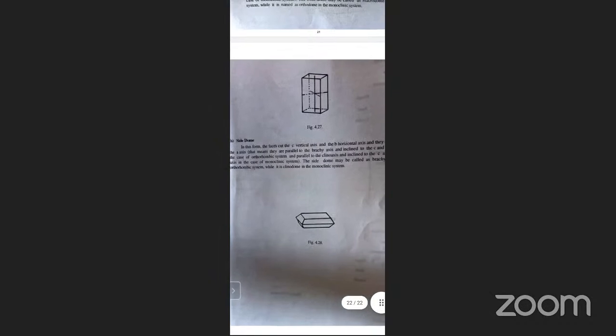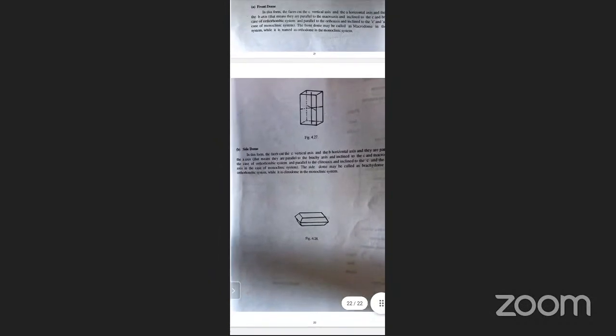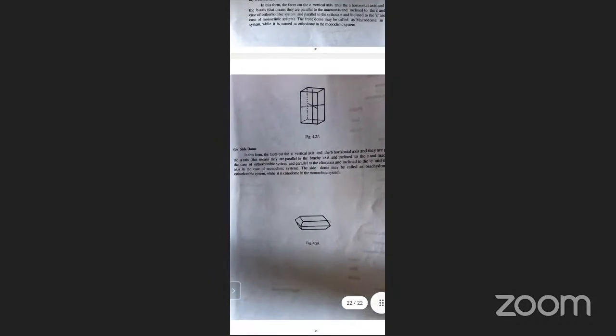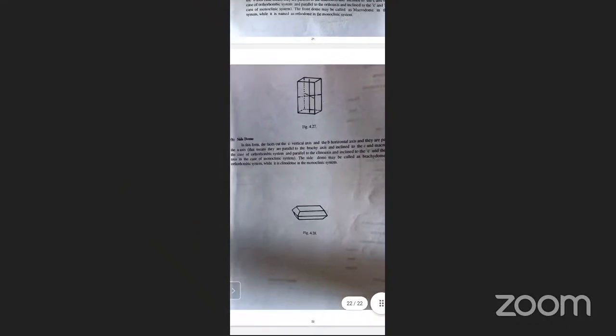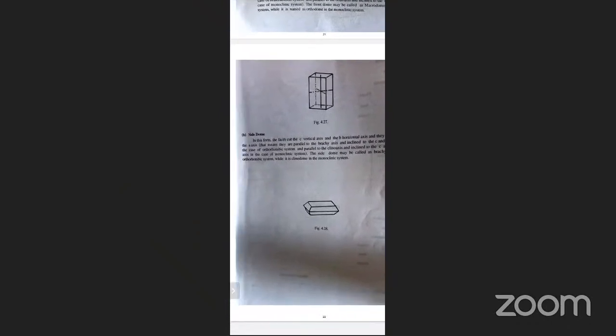The side dome, in this form, the face cuts the vertical axis and the horizontal axis and is parallel to the A axis.